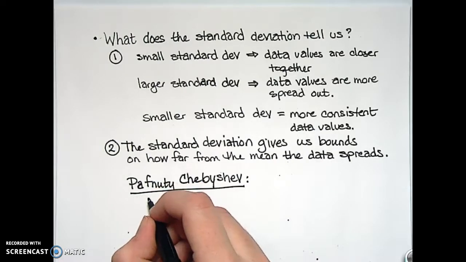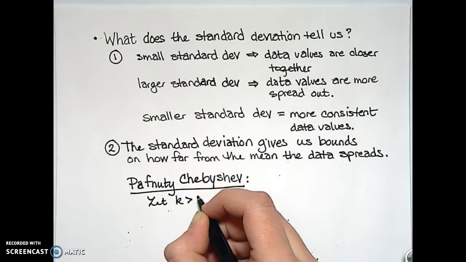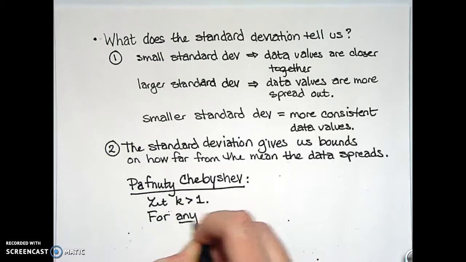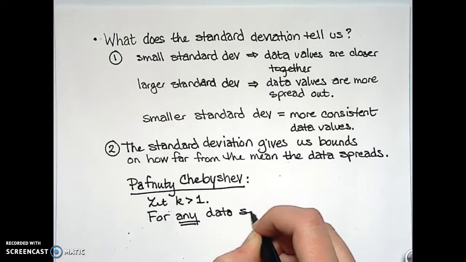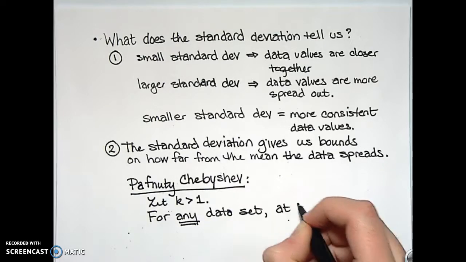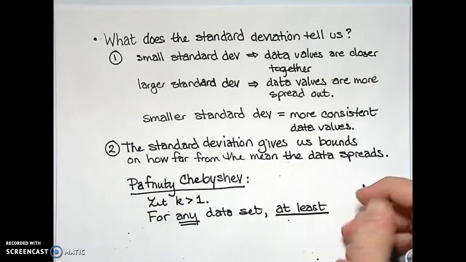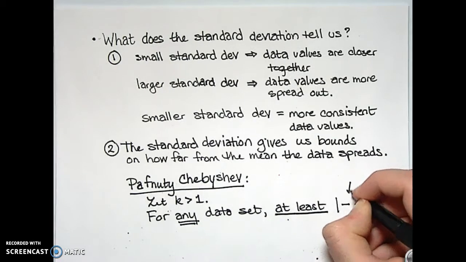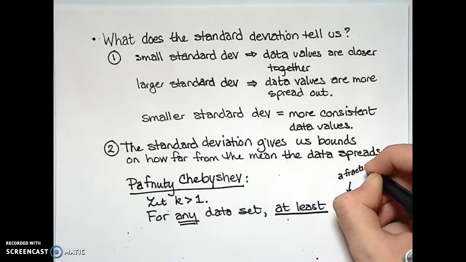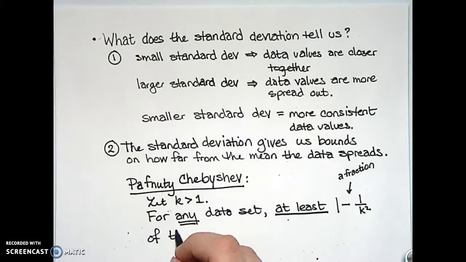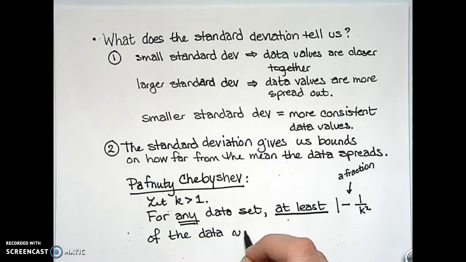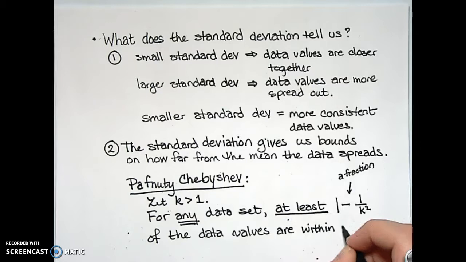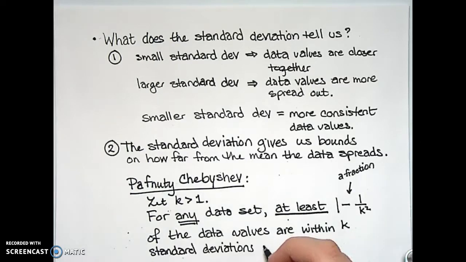He discovered that, letting k be any value greater than 1, and taking any data set, at least 1 minus 1 over k squared, which will be a fraction, of the data values are within k standard deviations of the mean.